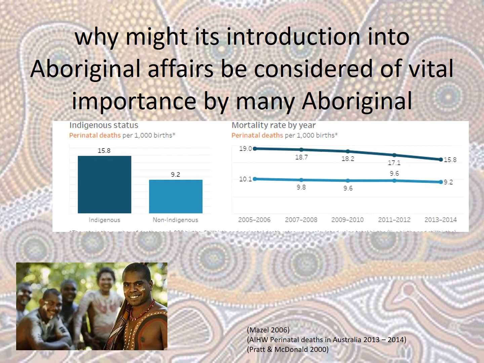The report on perinatal deaths in Australia 2013 to 2014 tells us the perinatal mortality rate for Indigenous babies for the period of 2005 to 2014 has dropped by 17%. However, this is still 61% higher than for non-Indigenous people of Australia.